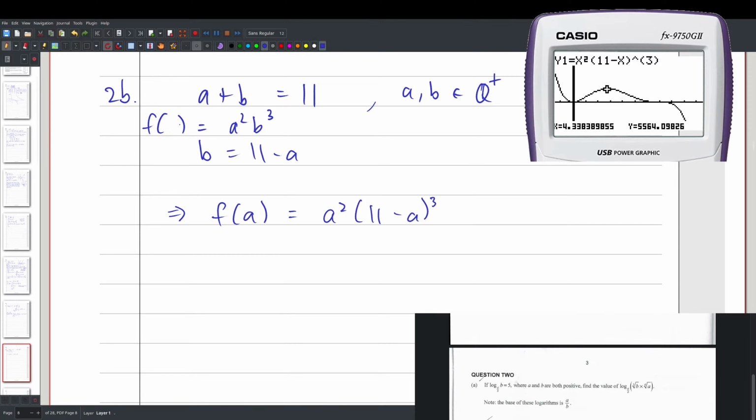Alright, we're getting somewhere. This is equal to, in turn, and then the derivative of this, note 0 less than a less than 11.